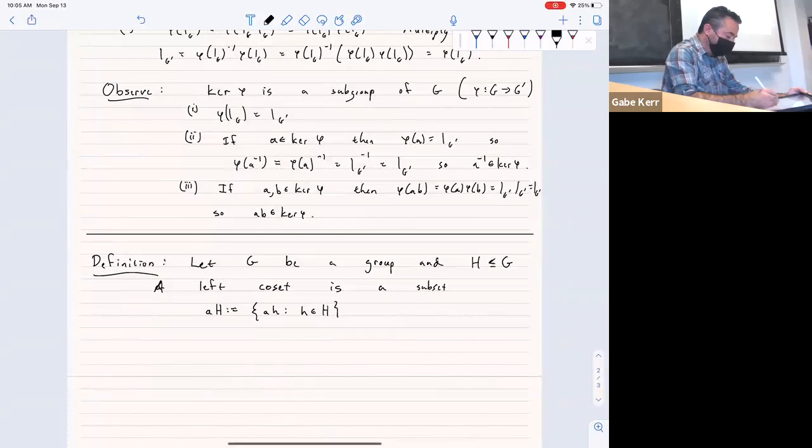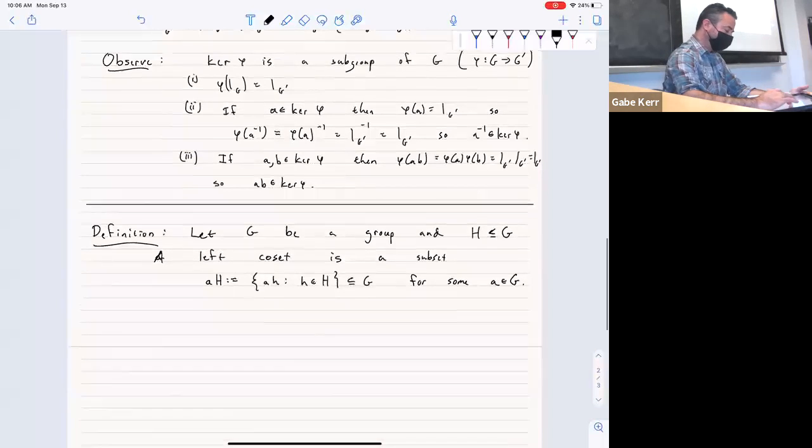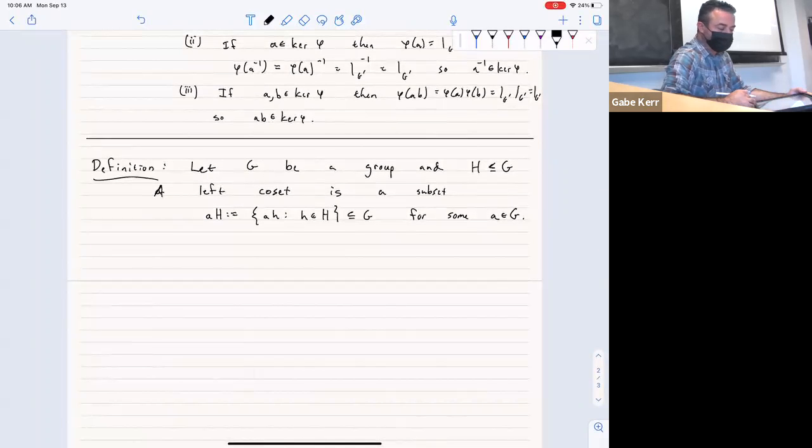This is how we define it. Now, this is not a subgroup. It's a subset, not a subgroup. So if a happens to be in H, then it will be a subgroup. But you shouldn't ever be thinking of left cosets as subgroups, just subsets.